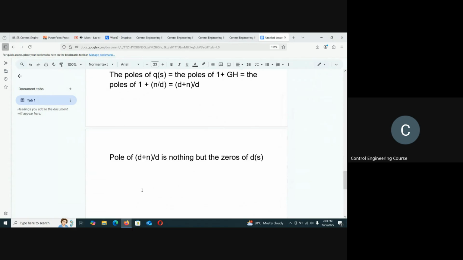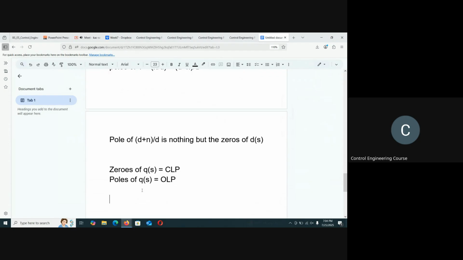So the important point is the zeros of Q(s) are nothing but the closed loop poles, whereas the poles of Q(s) are nothing but the open loop poles. Got it? Is this clear or not?